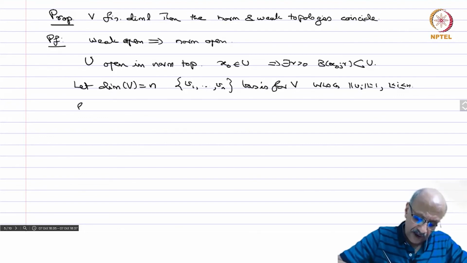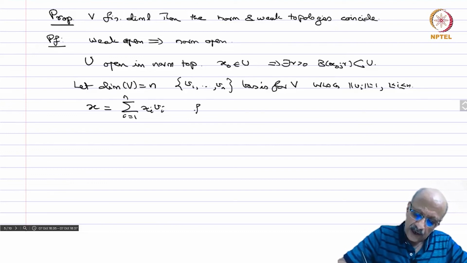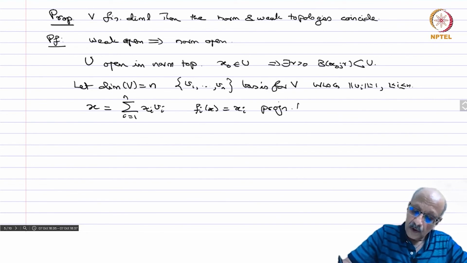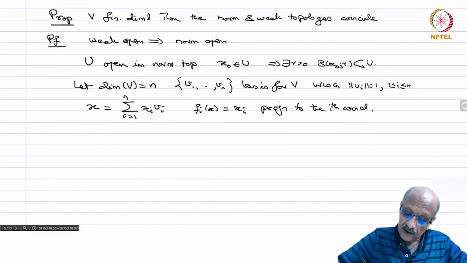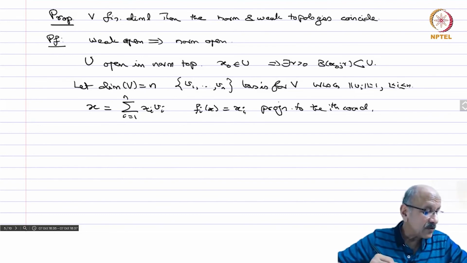So then Fi, okay, so any x can be written as sigma xi Vi, i equals 1 to n, and so you take Fi of x equals xi. So projection to the ith coordinate. So then these are all continuous linear functionals.